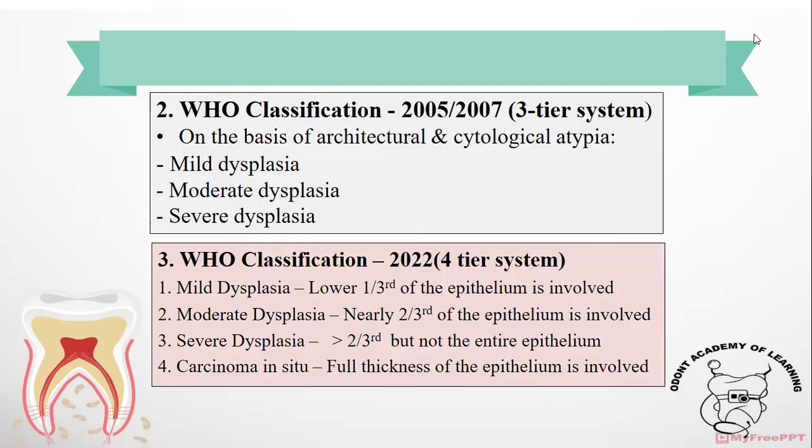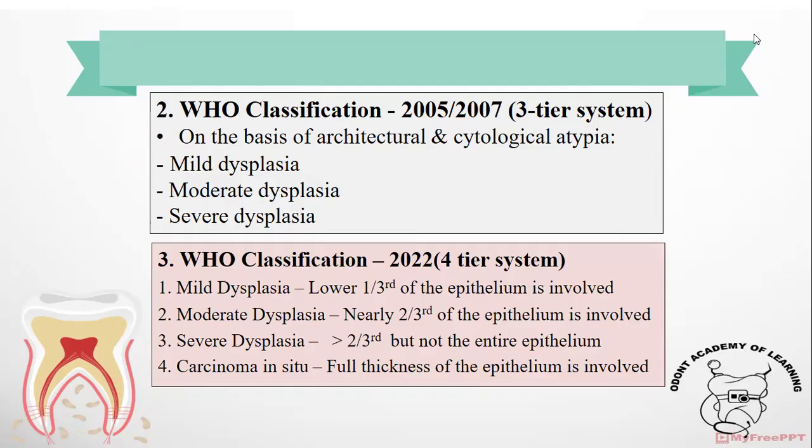The next is the WHO classification, which was given in 2005 and 2007, and this was a three-tier system. This classification was based on architectural and cytological changes. On this basis, WHO classified it as mild dysplasia, moderate dysplasia, and severe dysplasia. Now, WHO in 2022 gave a four-tier system, and this is the most accepted system.